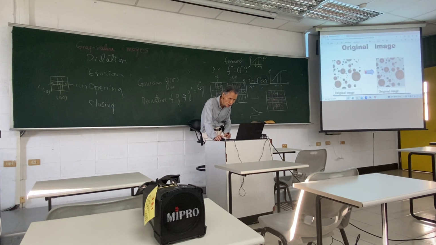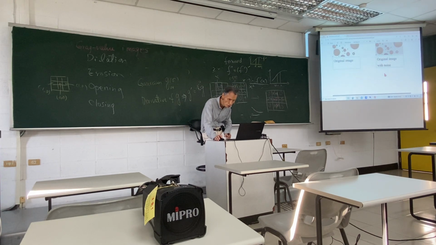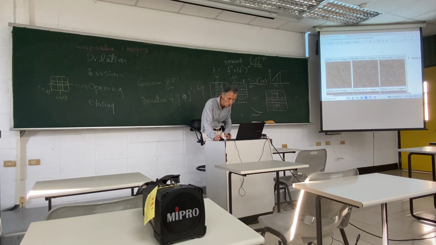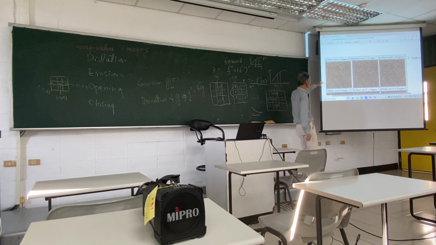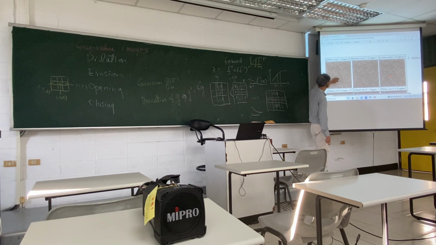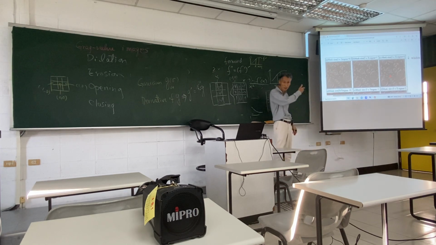So the following, this is the original image. Then on the right, we put a lot of noise in the original image. Then we apply a derivative of Gaussian with different mask size, which is the window size, and different sigma, the bandwidth. And you can see the difference from here.